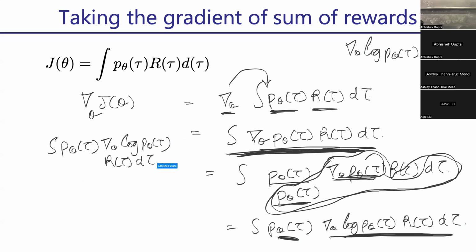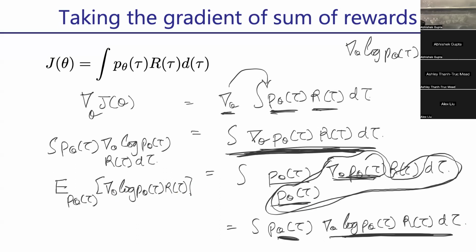So the steps are, we took the gradient inside, we multiplied and divided by p theta tau, and then we used the chain rule to convert that into grad theta log p theta tau. And so now you can write this thing as an expectation: expectation of p theta tau times grad theta log p theta tau.